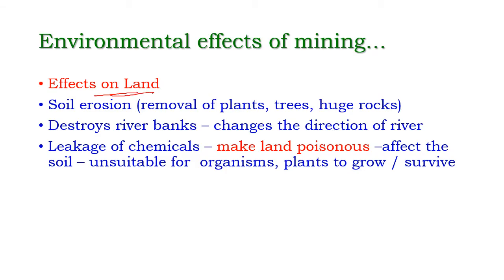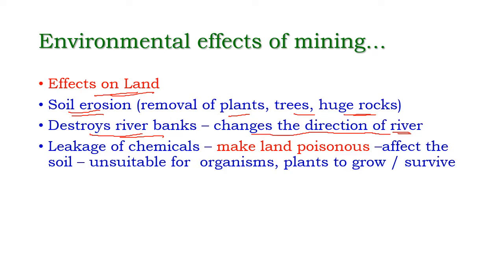Effects on land. The removal of plants, trees, and huge rocks from the mining area causes a large amount of soil erosion, and mining activities also destroy the river banks and change the direction of rivers. When the direction of a river is changed, the flora and fauna depending on the river are also affected.